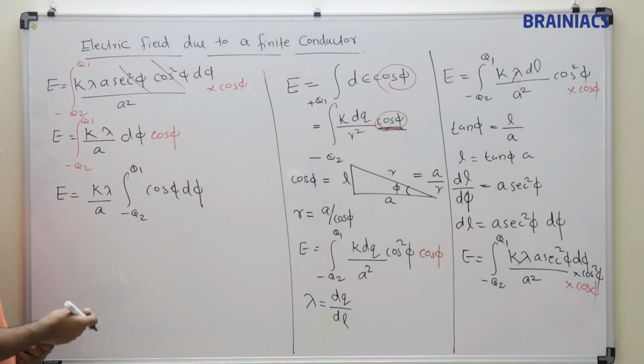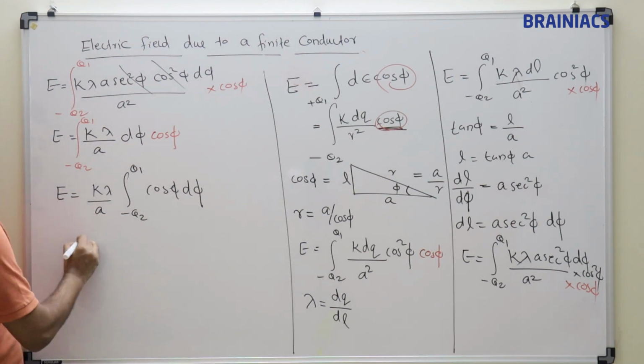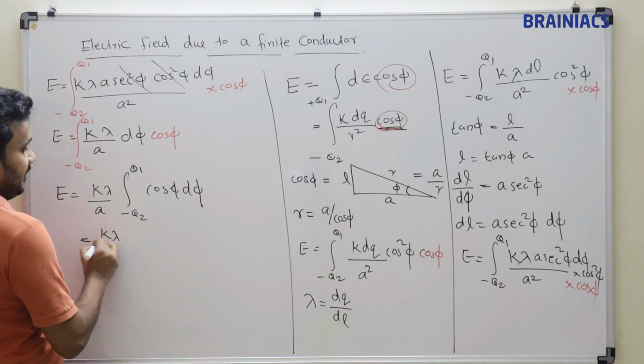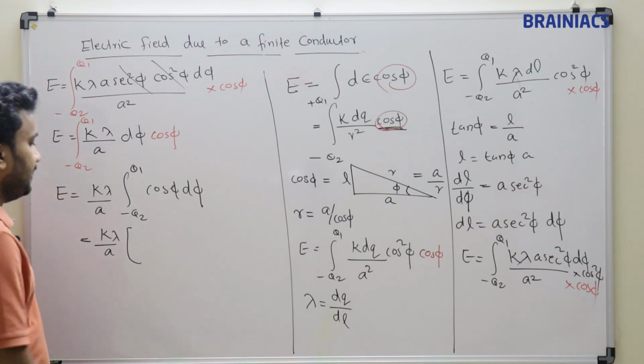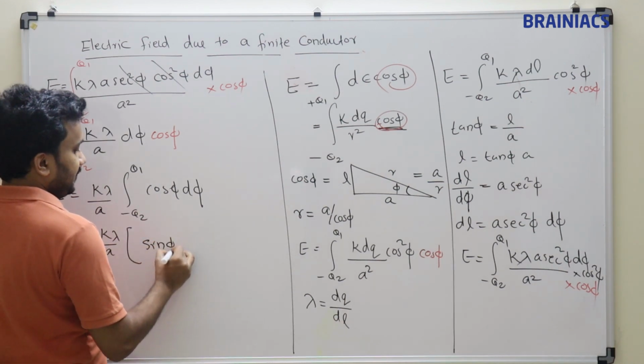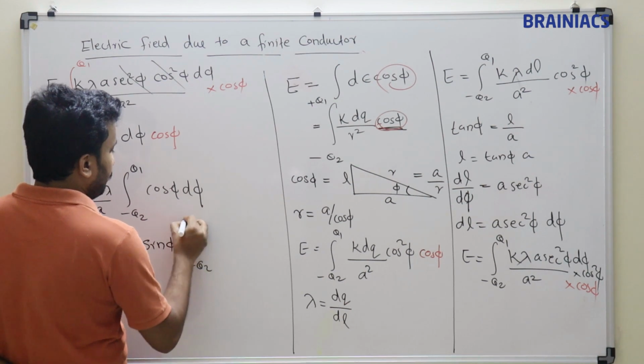This is the final step. What is the integration of cos phi? It is sin phi, from minus theta 2 to theta 1.